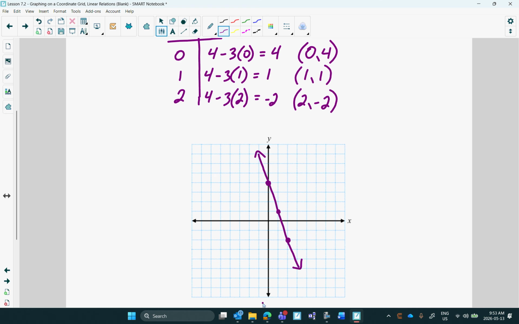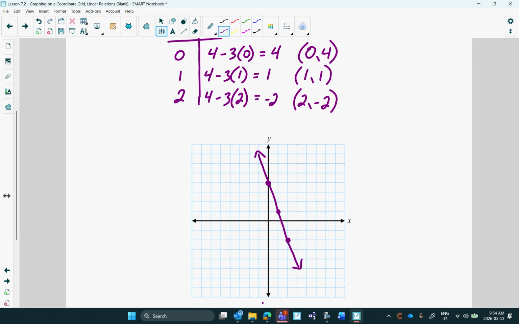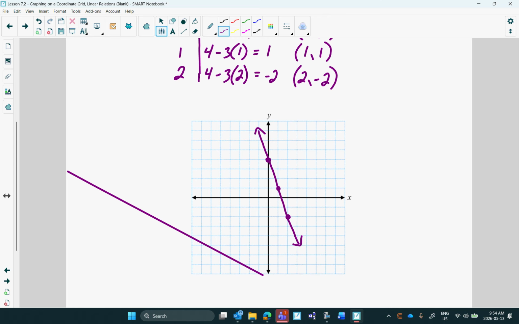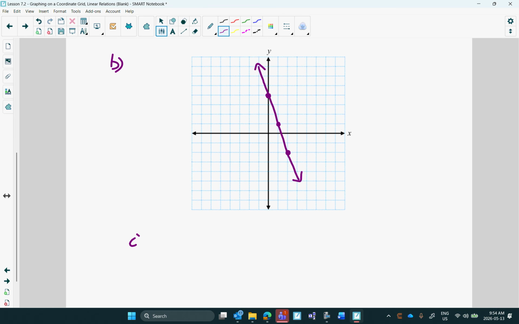Okay. So whenever you have an equation that has just x and y in it and you're asked to graph it, it will always be a line. Okay? Always. Okay, so we did A, we did B, and C should be pretty straightforward to answer.